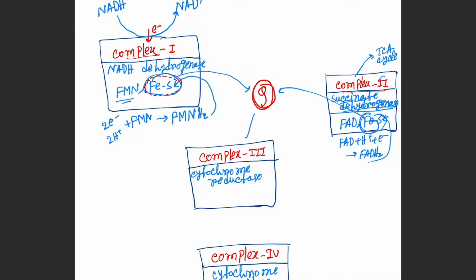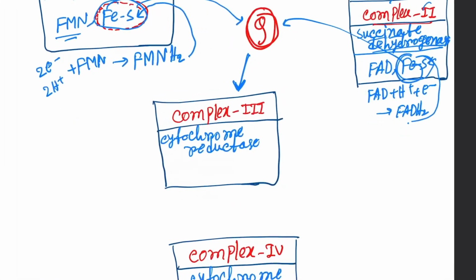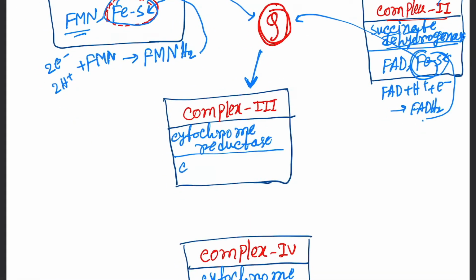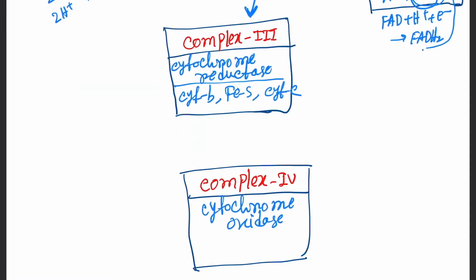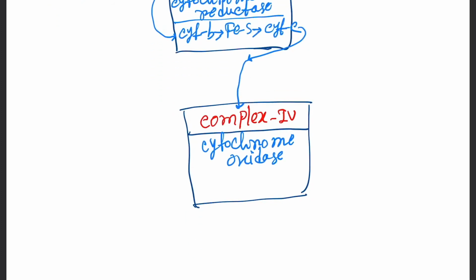Now Q will release electron to complex 3. Complex 3 contains cytochrome B, FES and cytochrome C. First the electron will be received by cytochrome B, then it is released to FES, and then to cytochrome C. Now from cytochrome C, the electron will be released to complex 4.